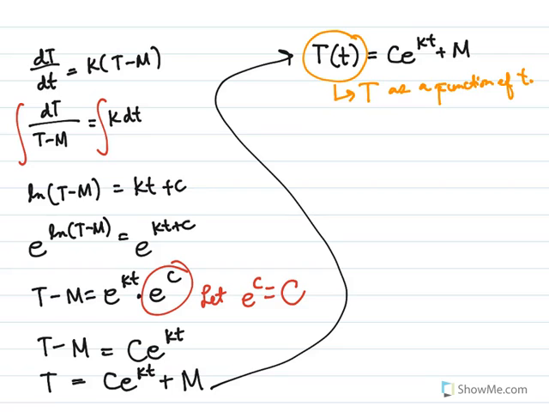So when t equals 0, that's T of 0 equals T naught. So let's say T of 0 equals T naught.